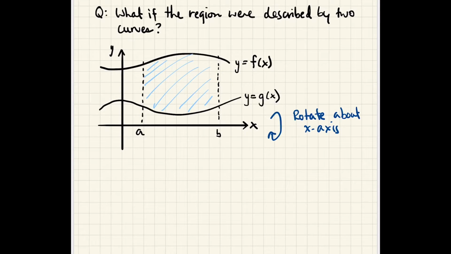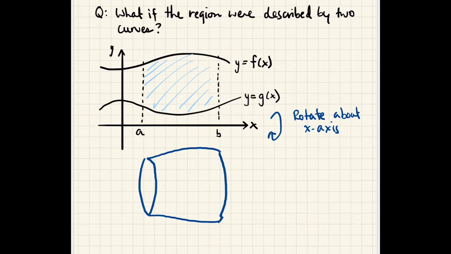What we would get is just from the outer function, the f here, something like that. But then in the middle, we have g rotating, and we'd sort of end up with a solid, a little something like this.